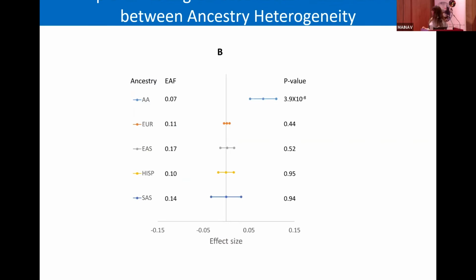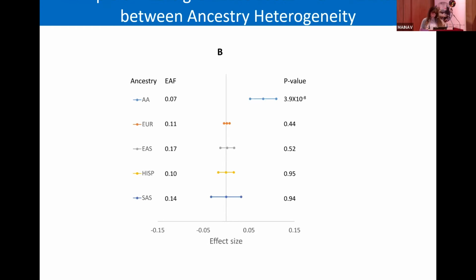So one example of a variant that did have evidence of between-ancestry heterogeneity is this one here. Again, you can see the effect allele frequencies down here for each of the ancestries. And again, the African American has a very strong effect; the effect sizes are much larger and there's no evidence for association in the others.